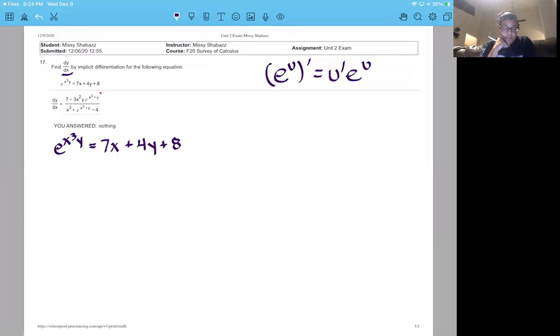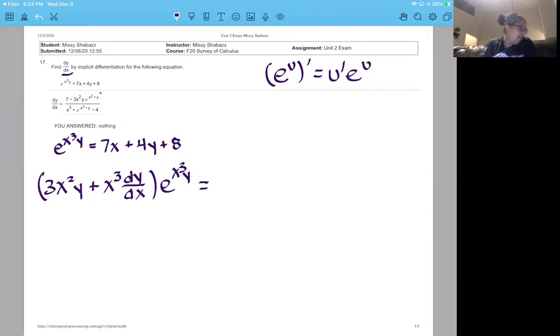So the derivative of x cubed y. I'm going to take the derivative of x cubed, and I'm going to get a 3x squared times y plus x cubed, and the derivative of y is 1 dy/dx, times e to the x cubed y.